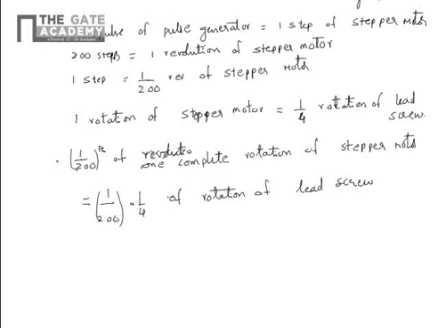So for one pulse, the stepper motor rotates 1 by 200th of a complete rotation, and the lead screw rotates less than that, 1 by 800th of one rotation.